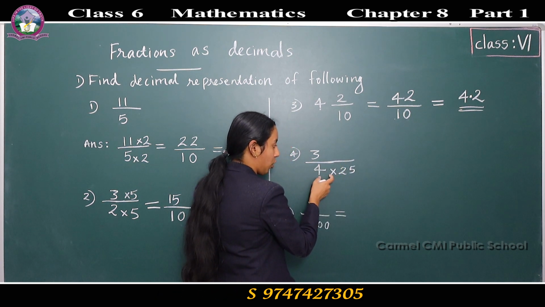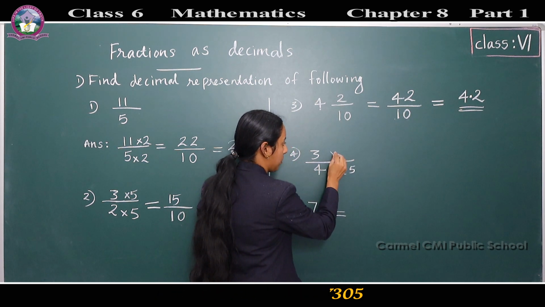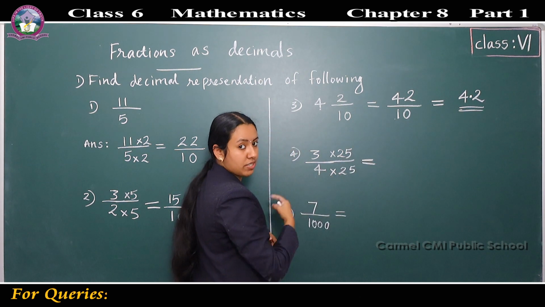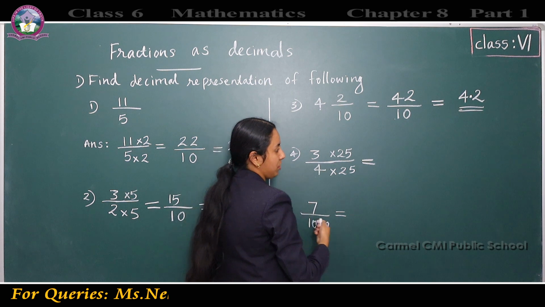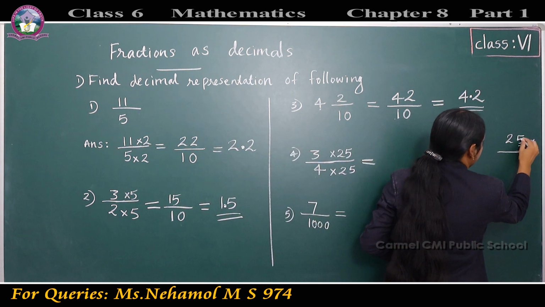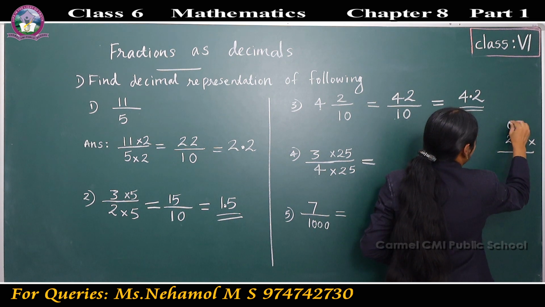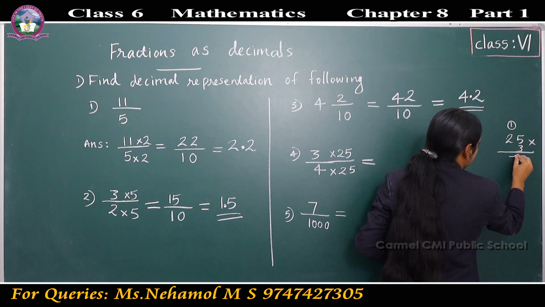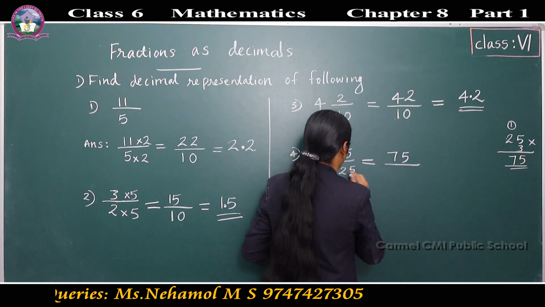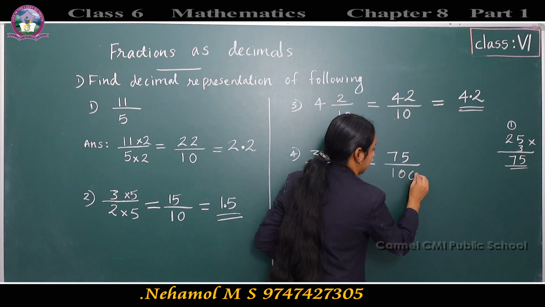Since we multiply denominator with 25, multiply numerator also. 4 into 25 is 100. 3 into 25: 3 5s are 15, 2 3s are 6, 6 plus 1, 7. 75. 75 by 100.